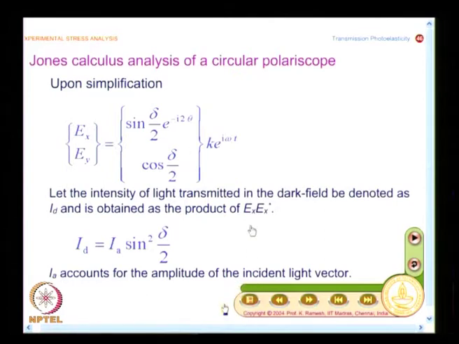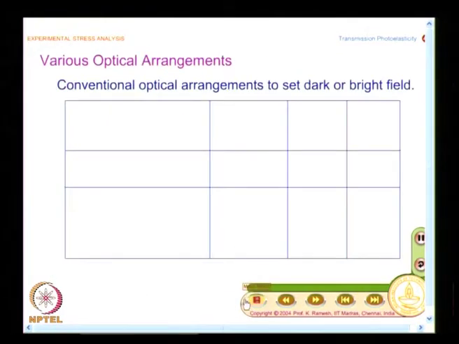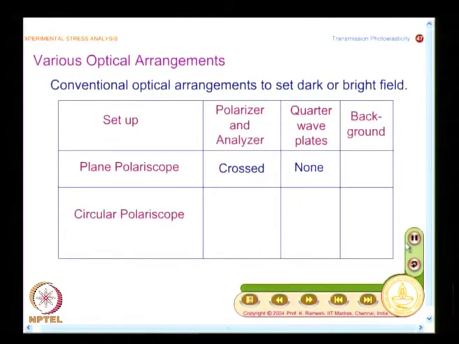As I mentioned earlier, you have multiple optical arrangements. You do not have only one optical arrangement. In a plane polariscope, I use only polarizer and analyzer, there is no quarter wave plate, and you always have them crossed, and the background is dark.